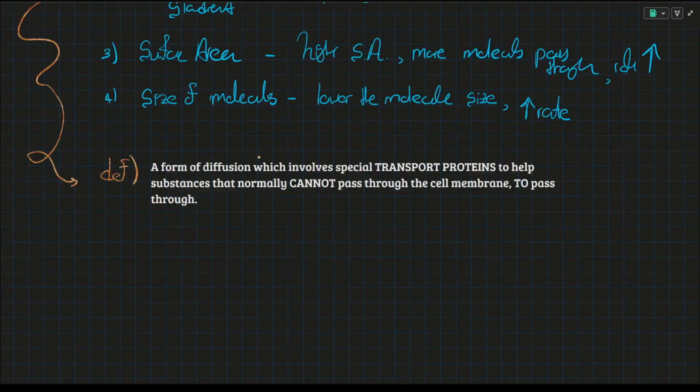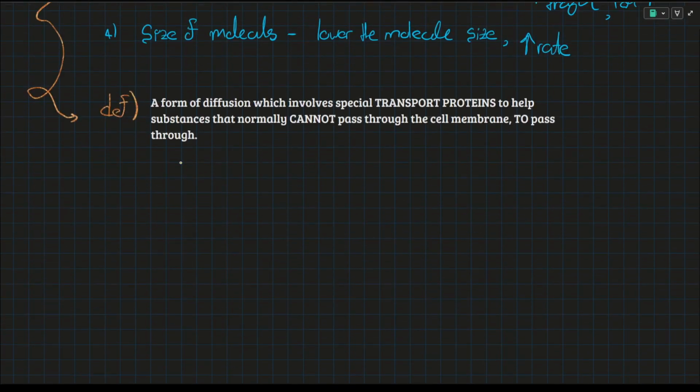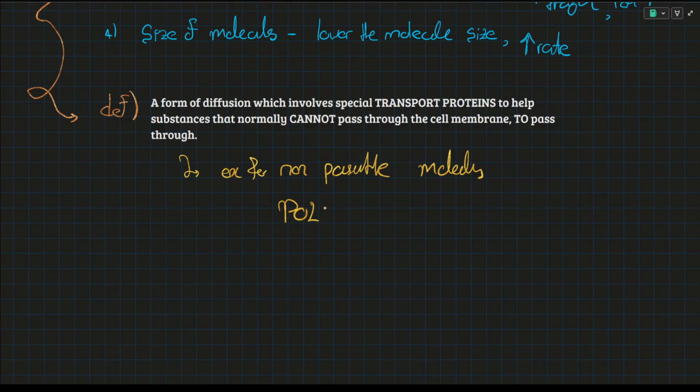Right? So just as a small summary, I'll give you some examples of non-passable molecules. Polar molecules. That's the first type. These are non-passable molecules, alright? Polar molecules. And then charged ions.